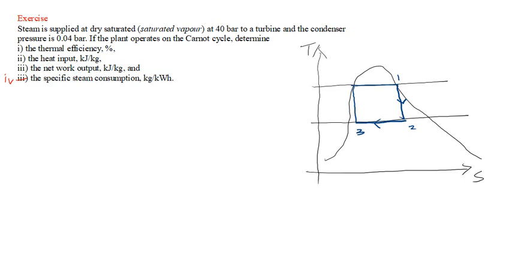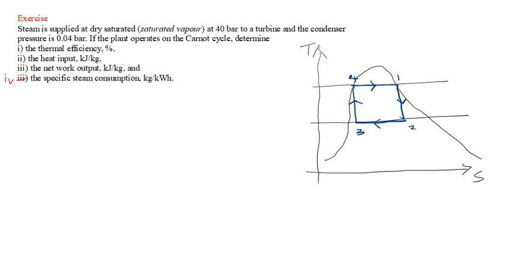And then 3 to 4 is our compression process in the compressor, which represents the reversible adiabatic compression. And lastly, 4 to 1 is the heat supplied in the boiler, the isothermal reversible heat supply. So this is what we have.